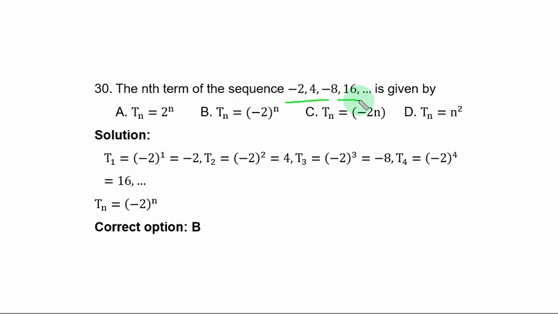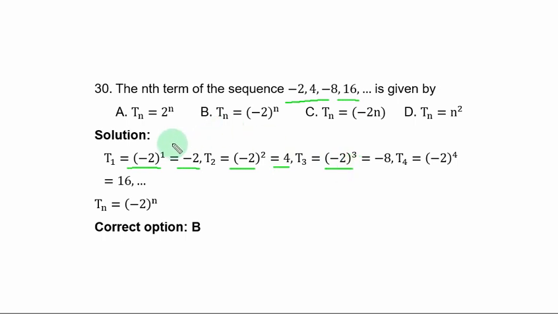You must put it into consideration. If you raise the first term to the power of 1, it is the same. If you raise the first term to the power of 2, you have the second term. If you raise the first term to the power of 3, you have the third term, and so on.